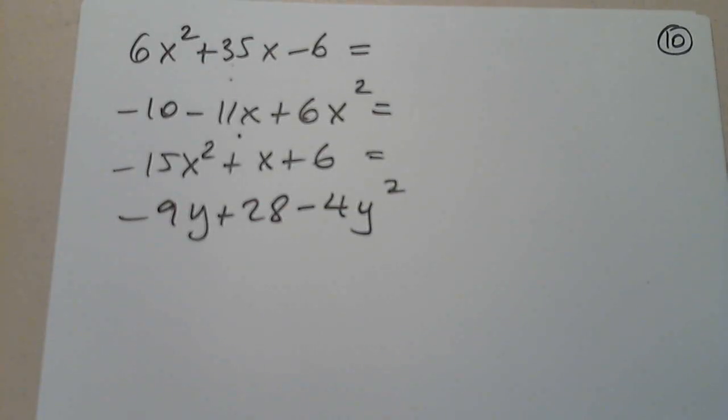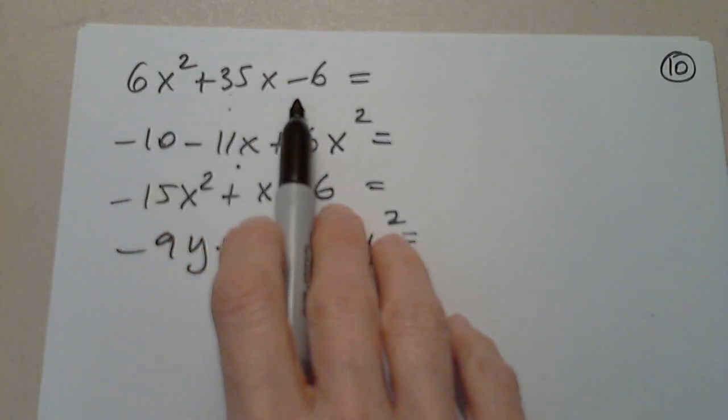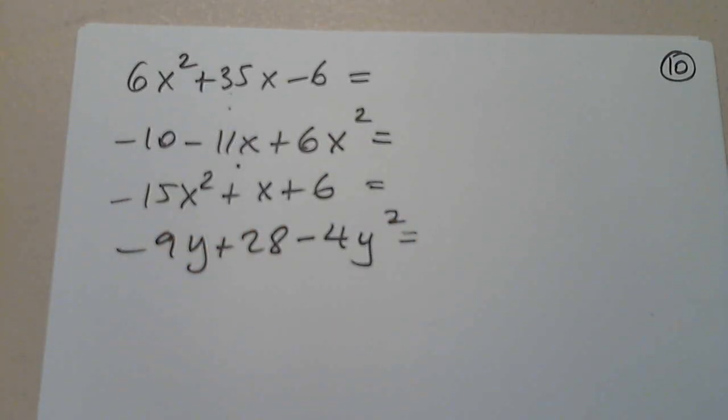Okay, so I selected 4. So let's work on 6x squared plus 35x minus 6 first, and then the other 3.